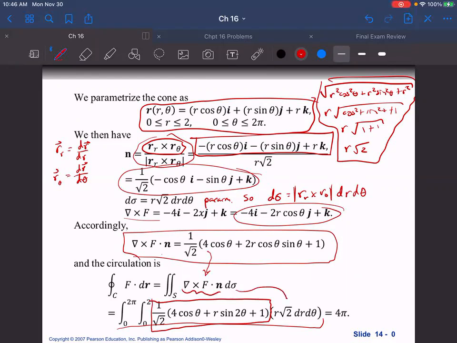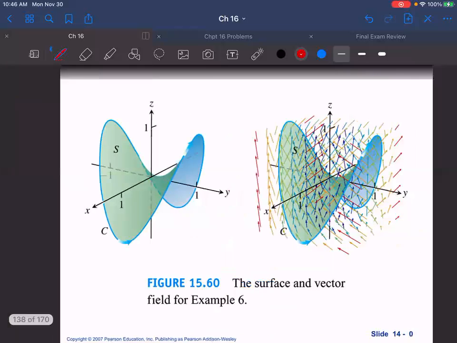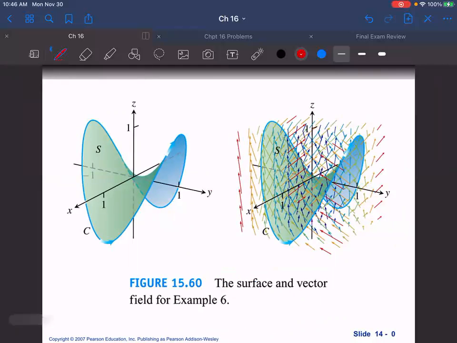And then d sigma is that part over there, the r square root of 2 dr d theta. And you end up getting 4 pi. So if you were to go through and do this as f dot dr, you should get a 4 pi as well.